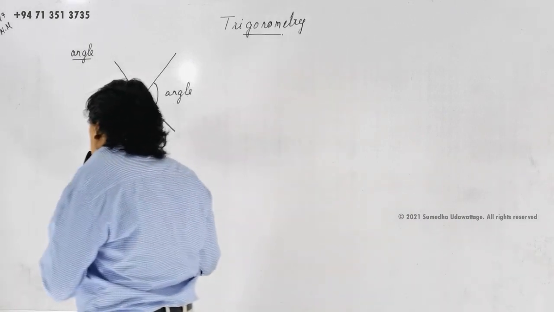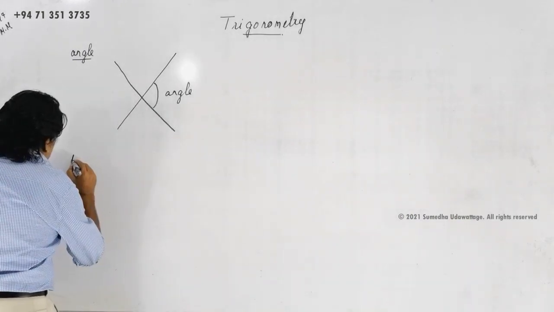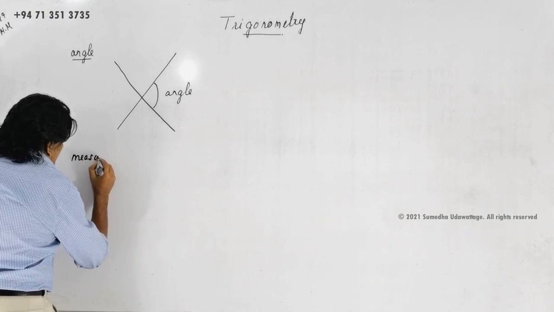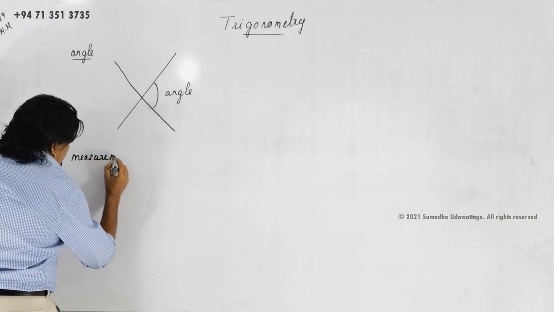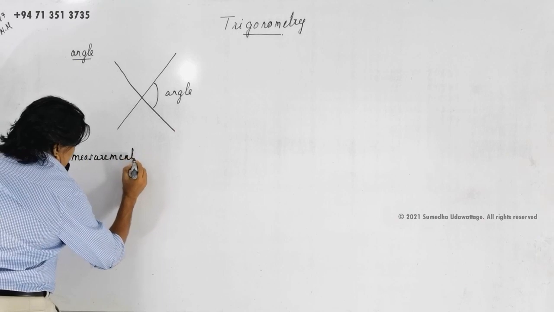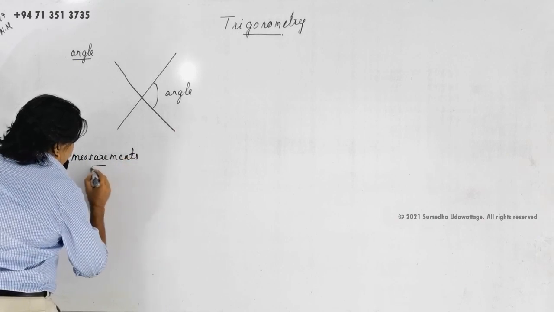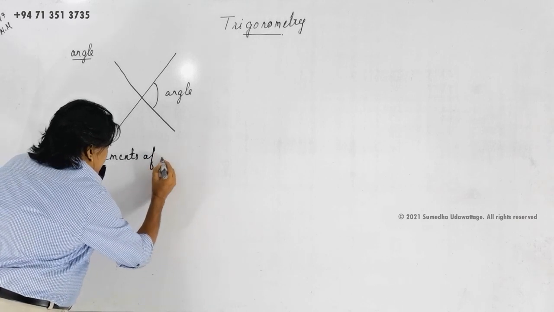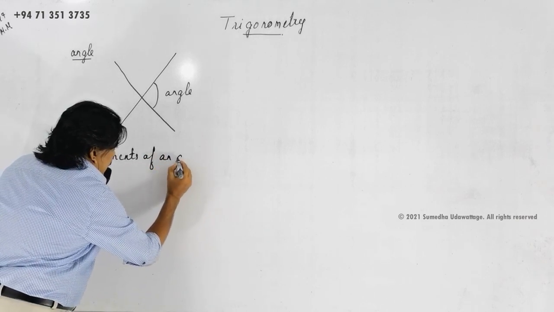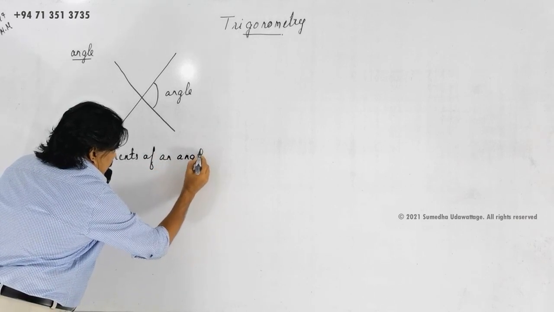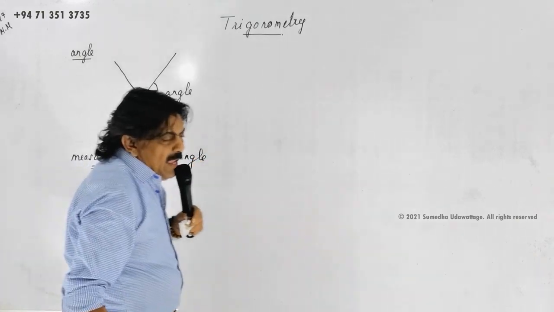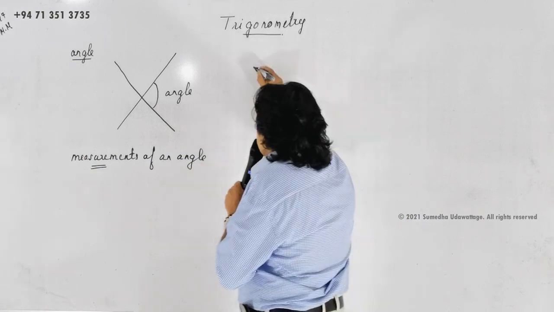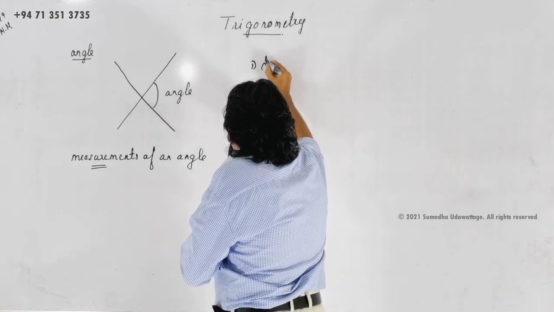Then we come to talk of measurements of an angle. One way angles can be measured is in degrees.